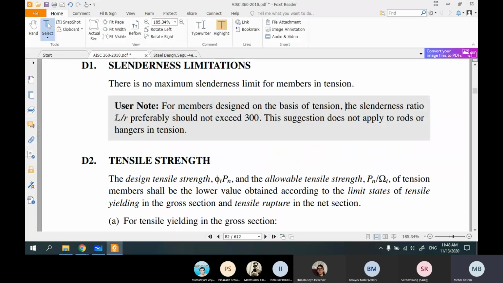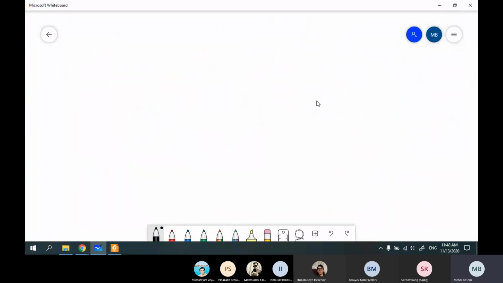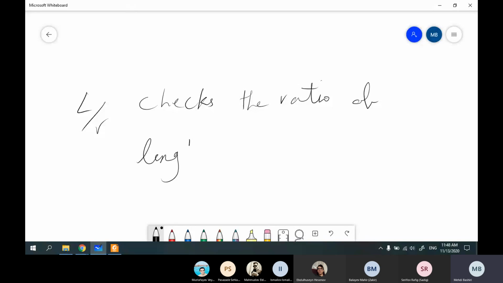Anyway, let's see what is L over R. So as I said, L over R checks the ratio of length to area.